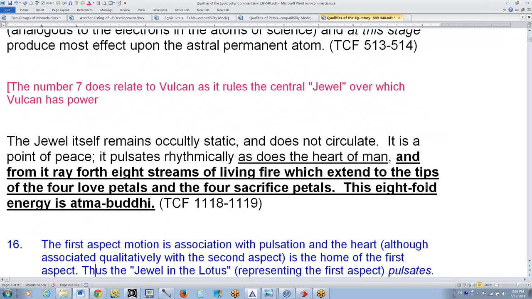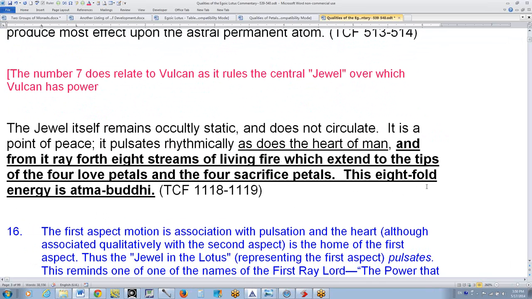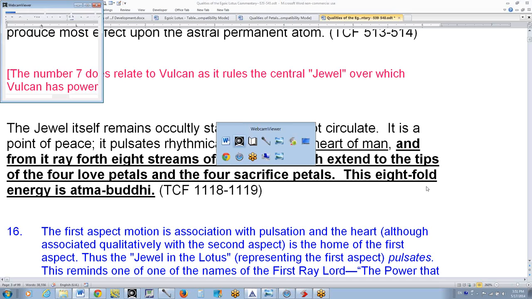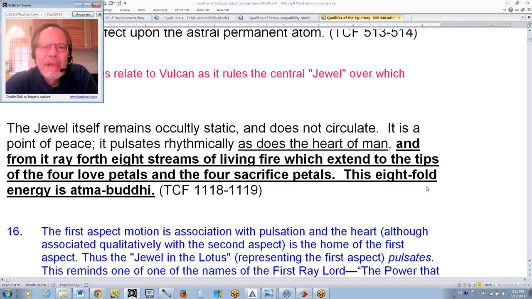Here's another one which I think is important. The jewel itself remains occultly static and does not circulate. Around it are these rotating vortices of force. It is a point of peace, a kind of a Shambhala center in the middle of it all, because Shambhala is said to be the perfect point of peace.